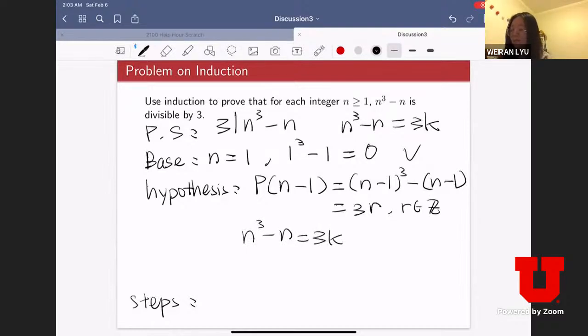That's our goal. And the idea behind induction is to use whatever you assumed in the hypothesis, substitute that into your inductive step, and then somehow create this.